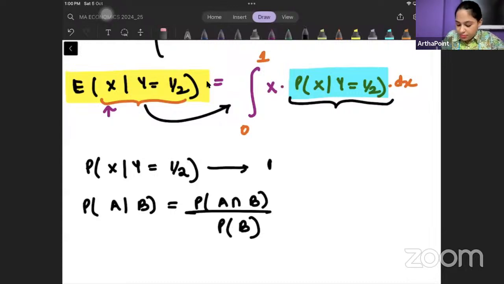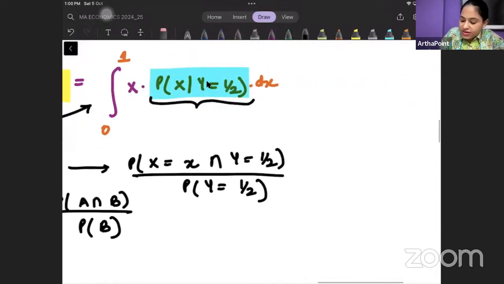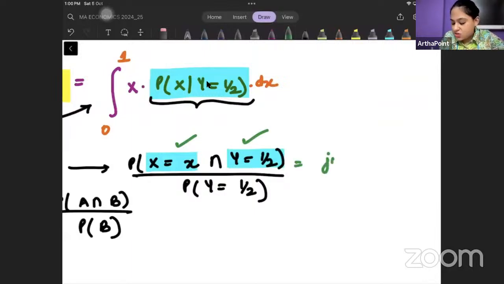So here it will become probability x. No value of x is given to me, so I will take x at all values of x, intersection y at half, upon probability of y at half. Now the numerator is some value of x and some value of y, and that is called the joint distribution.